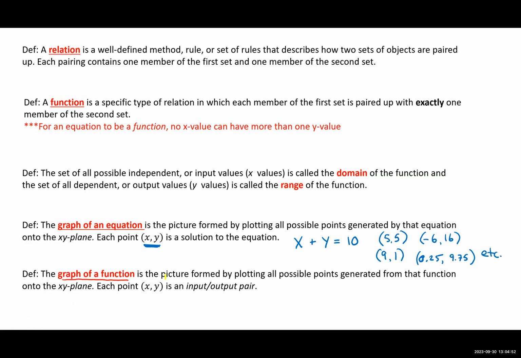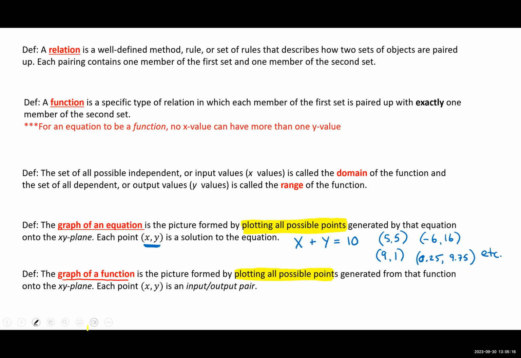Go with this. The graph of an equation is the picture formed by plotting all possible points generated by that equation. And the graph of a function is the picture formed by plotting all possible points generated by the function. We just get those points in a slightly different way. In an equation, every point is an answer, a solution to the equation.